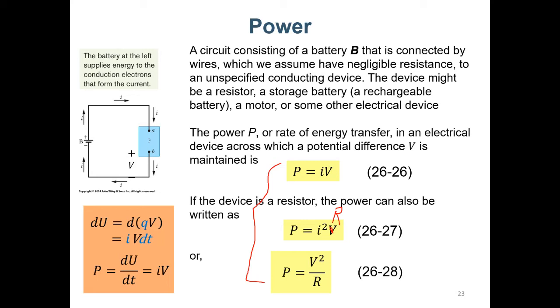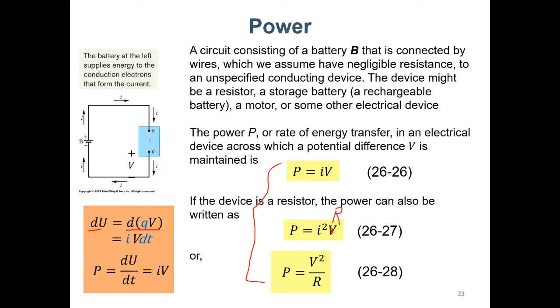And if you really need to explain it from a physics point of view, you can see that dU is dQ V, where U is the potential energy. Then we use U equals QV to substitute the variable.